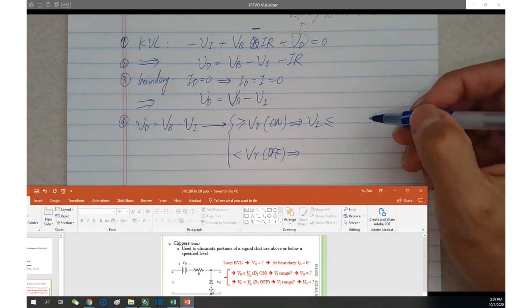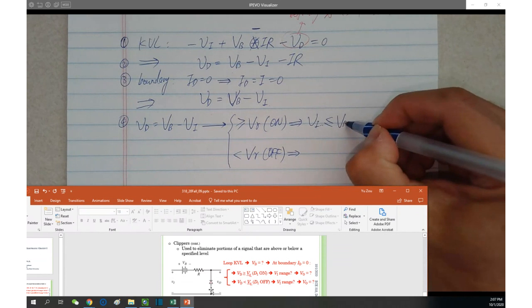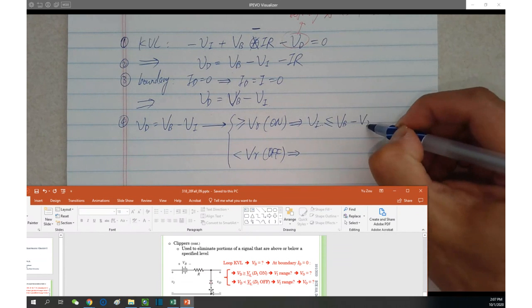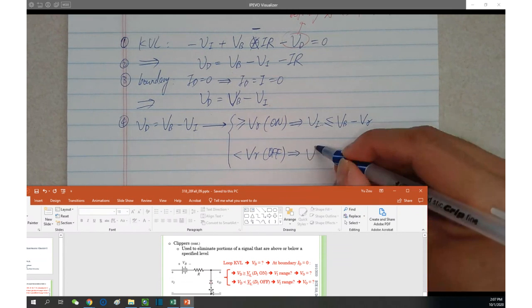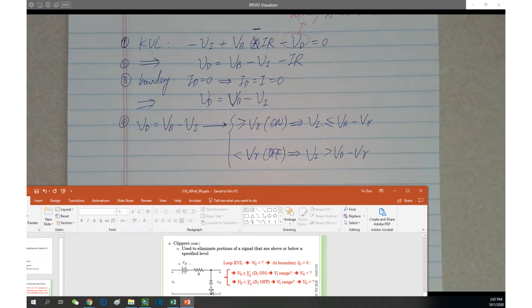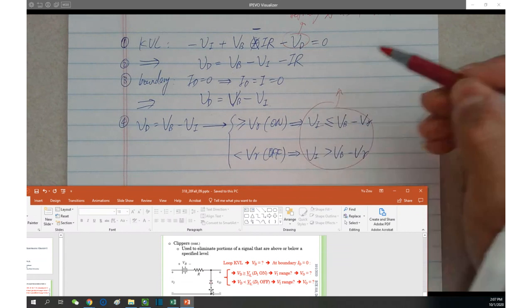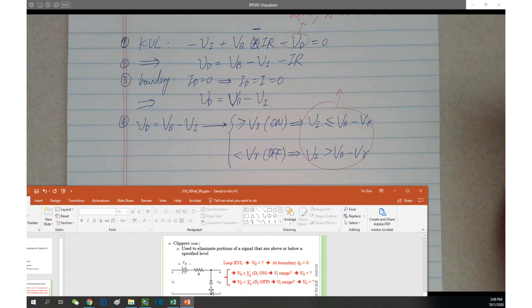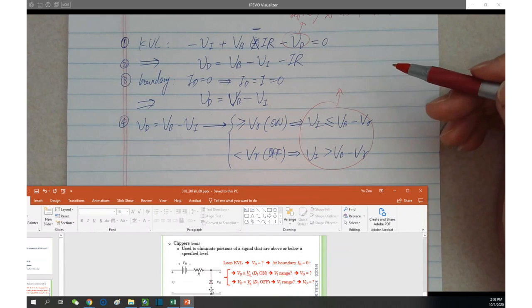Less or equal than VB minus V gamma. Does it make sense? And the second, off case, is the other way around. This is what we call what? Range. Here we go.